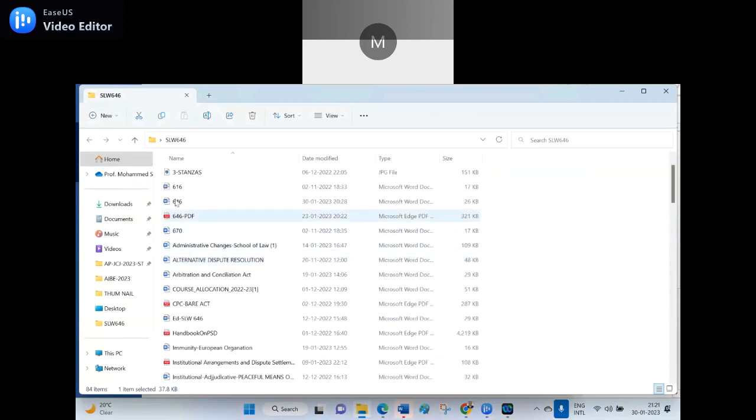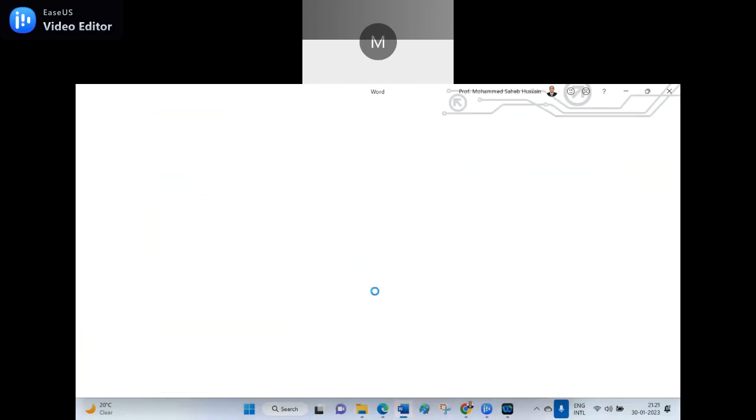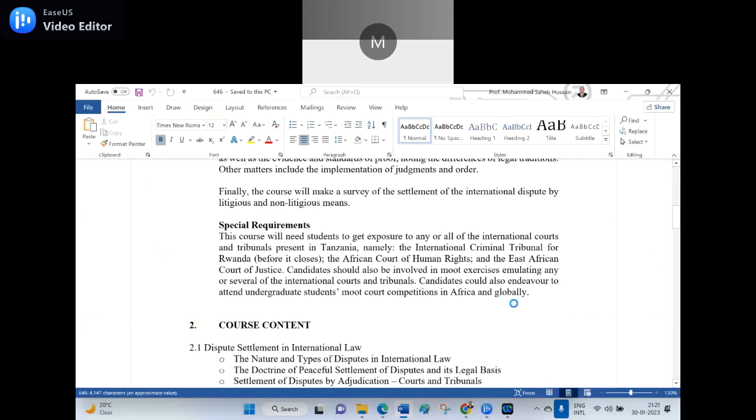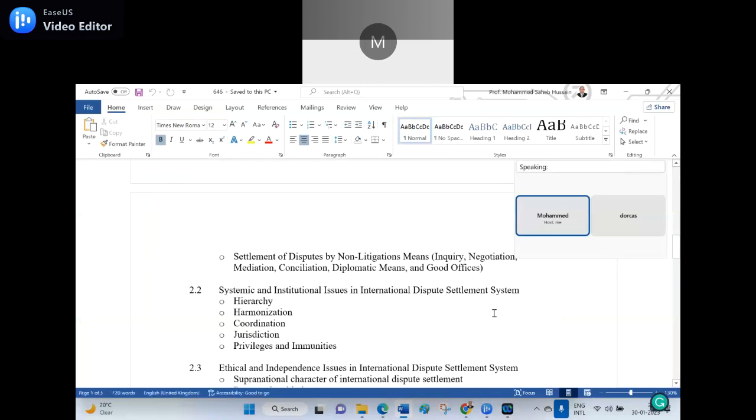Yes, I will show you the syllabus now. Here, the wordings are in a different style. Settlement of dispute by non-litigation means, litigation means through the court. Am I right?